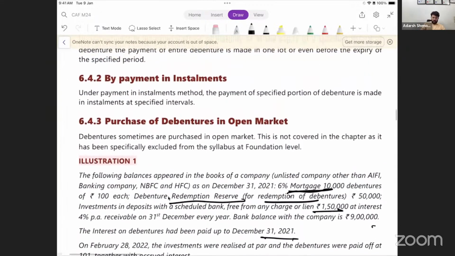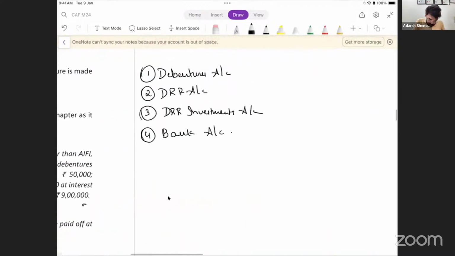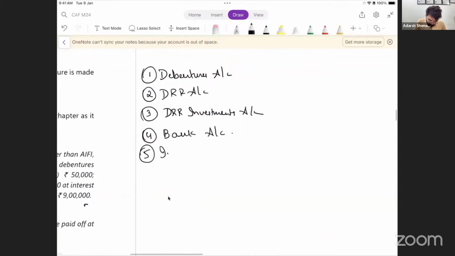Last year's interest has all been paid. But when am I redeeming the debentures? On February 28, 22. So there are 2 months of interest to pay and 2 months of interest to receive. Receive on investments and pay on debentures. So interest paid and interest received accounts also will be required.